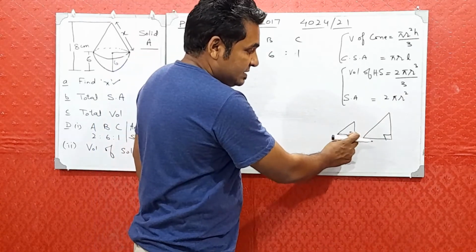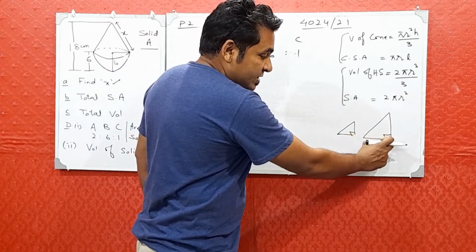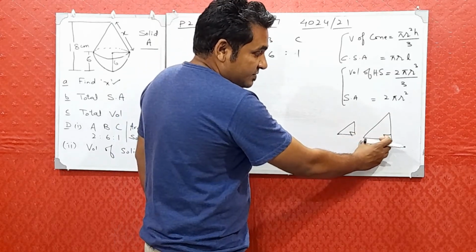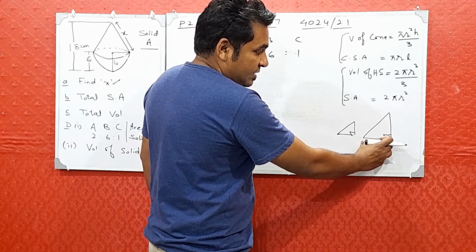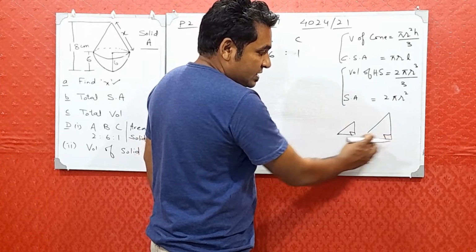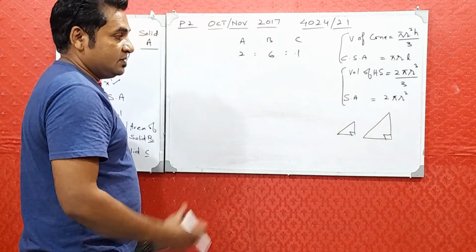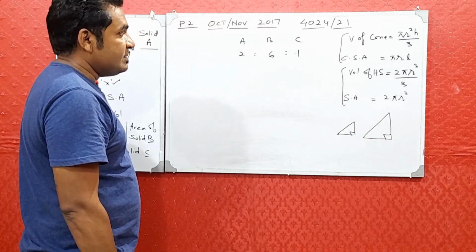This shape I have enlarged; in other words, I have just zoomed in. And when I zoom this out, I will get this. So this is the concept of similar shapes.